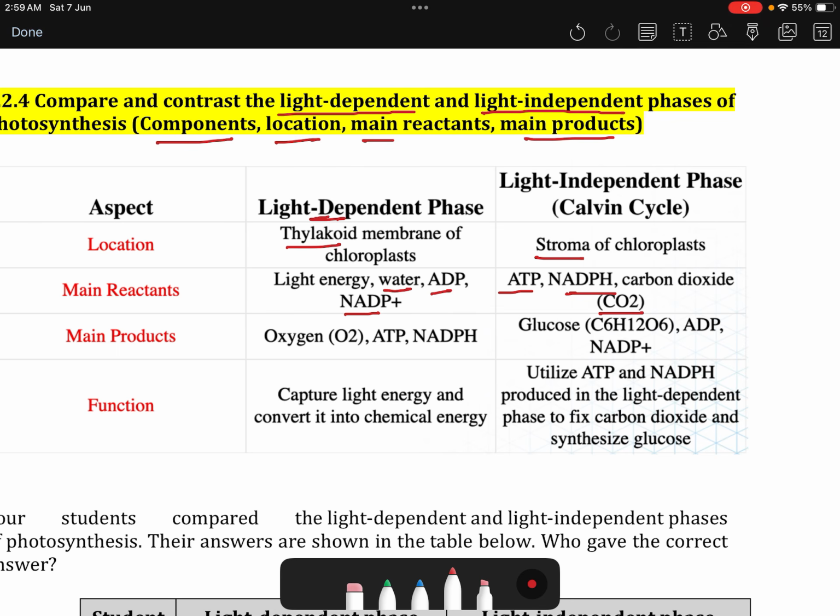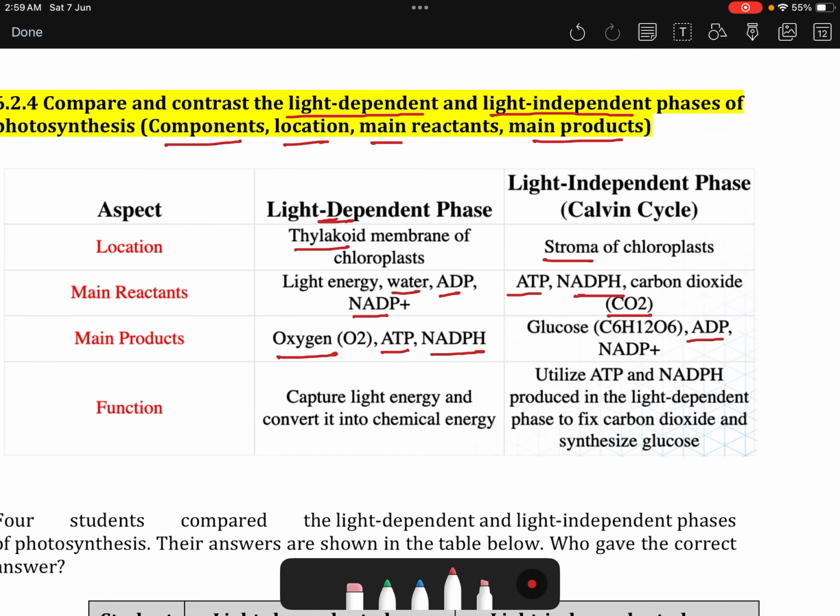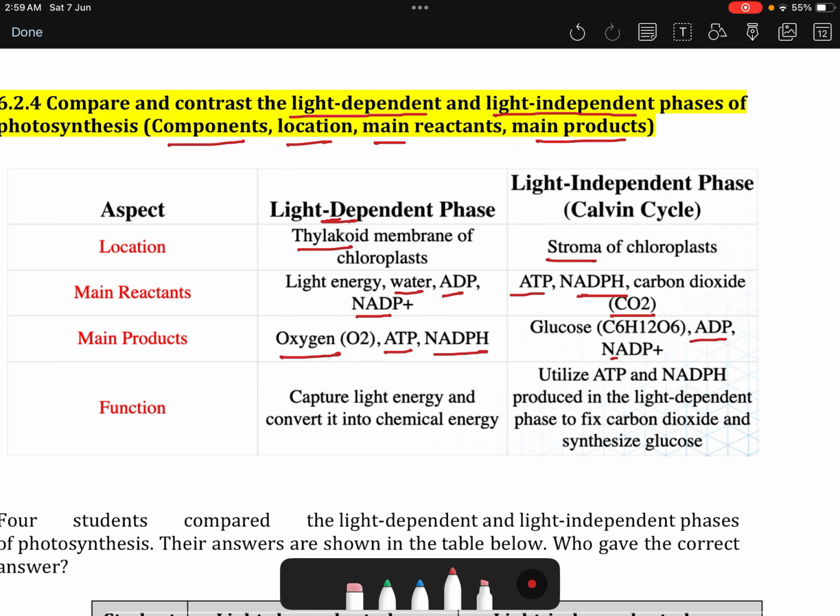Main products for this one are ATP and NADPH with oxygen. Oxygen will be lost as a waste product. The products of the light independent reaction are ADP, NADP, and glucose. Functions: they capture light energy and utilize the light stored in ATP and NADPH to make glucose.